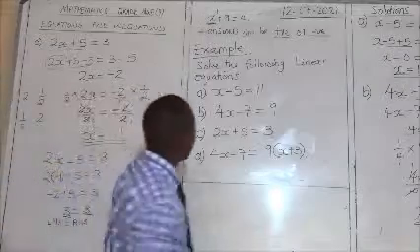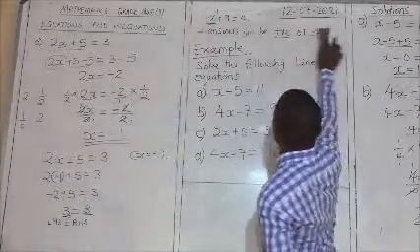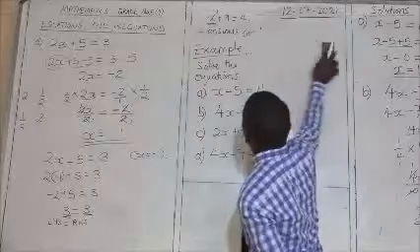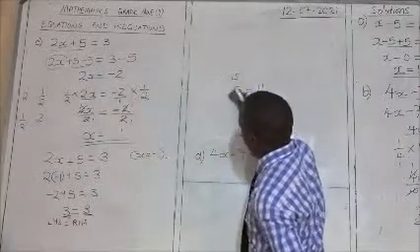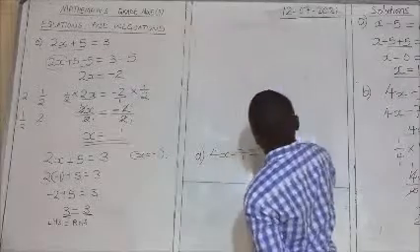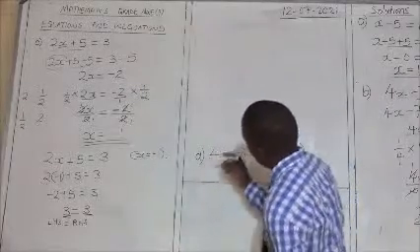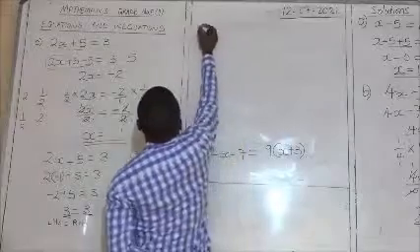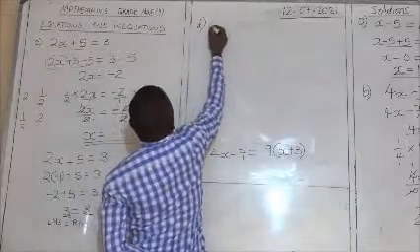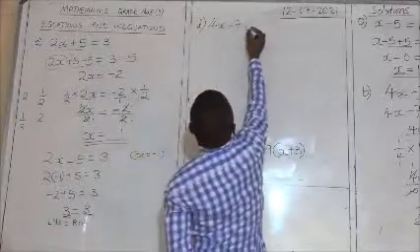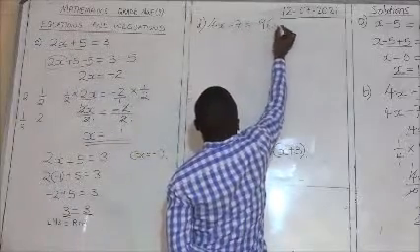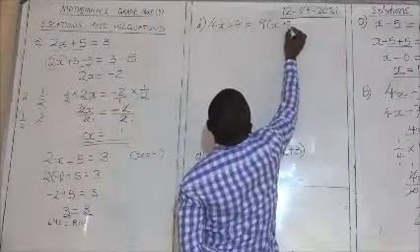Okay, let's look at the last one, which is D. So for D, when you look at this D which we have here, we are saying that 4x minus 7 is equal to 9, then multiplied by x plus 3.